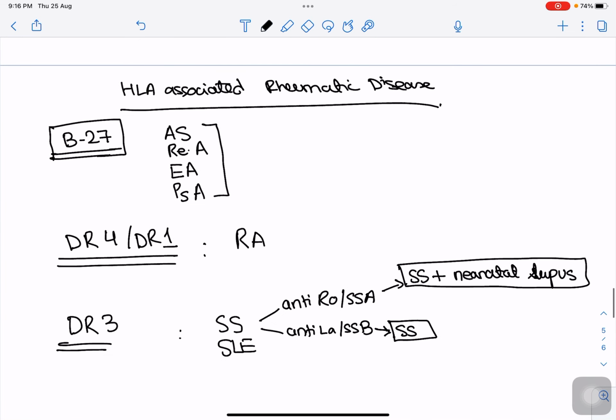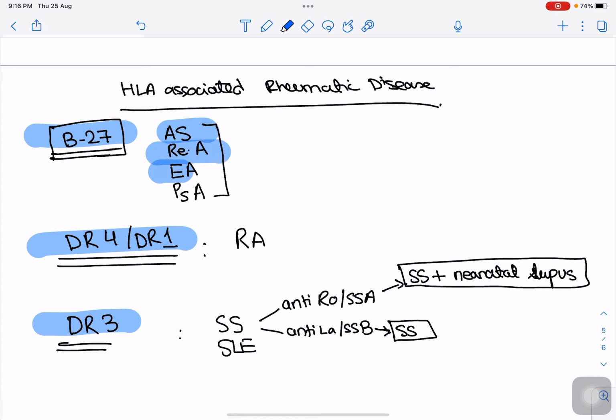And then we covered three types of HLA, that is B27, DR4 and 1, and DR3. HLA B27 is associated with ankylosing spondylitis, reactive arthritis, erosive arthritis, and psoriatic arthritis, whereas DR4 and 1 are covered under rheumatoid arthritis.